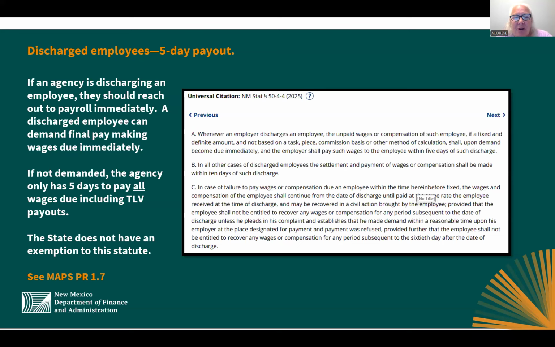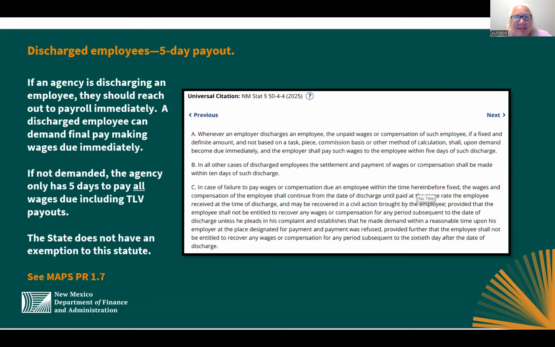The next one is also a hot topic, and I don't know how many agencies this has applied to currently, but I anticipate it applying to several more in the future.